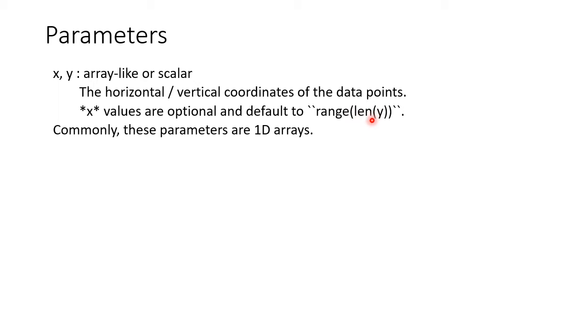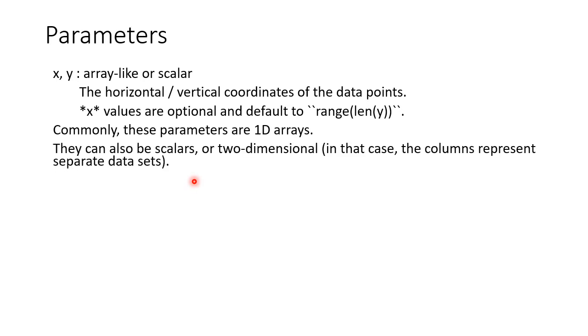That means if there are 5 elements in the y group, it automatically generates 5 integers starting from 0 for the x data. Commonly they are one-dimensional arrays. However, you can have two-dimensional arrays, and in that case the columns represent separate data sets. We will see that in examples.